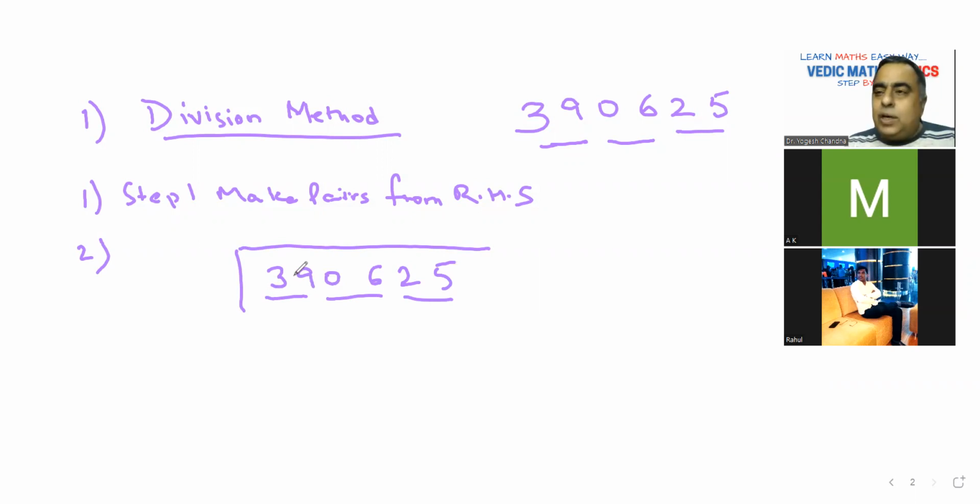First thing we'll do is take the numbers in pairs. Now 39 is my first number. What we have to find is whether this number is a perfect square of any digit, or it is less than a square.